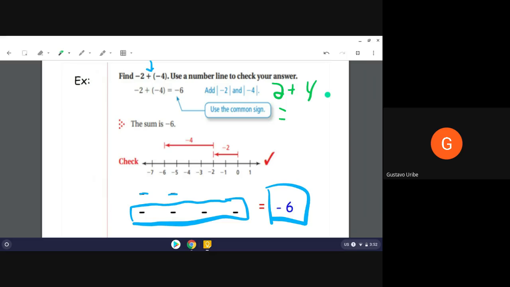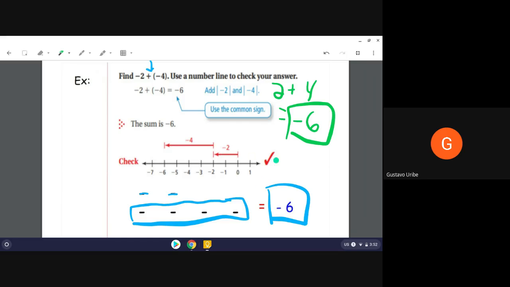And 2 plus 4 will give me 6. If you're going to do this, however, you cannot forget the rule that says the same signs, when you add them, you have to keep the sign the same. So you have to use the common sign. So this would turn into a -6.